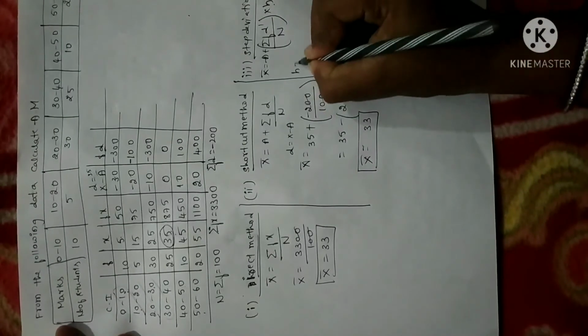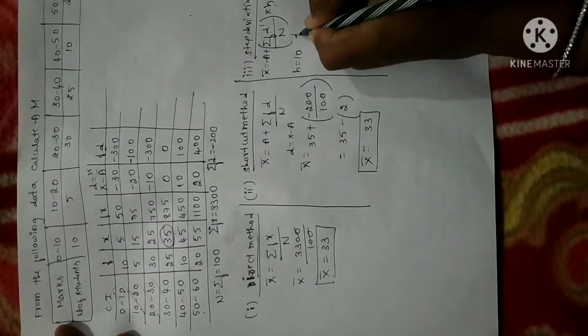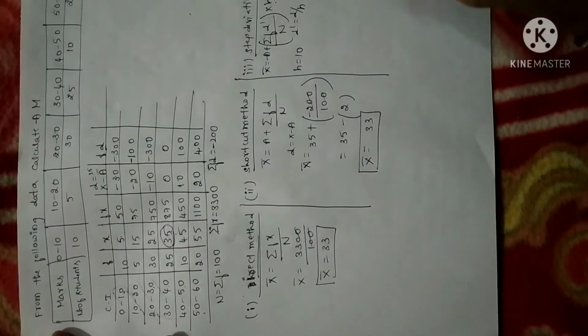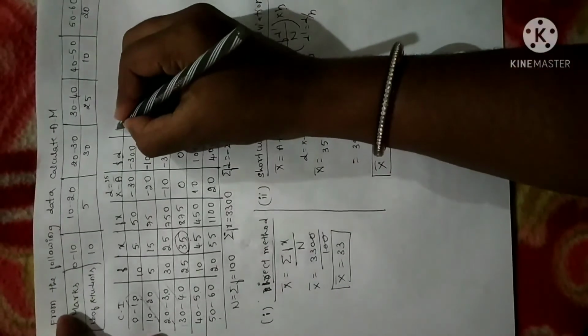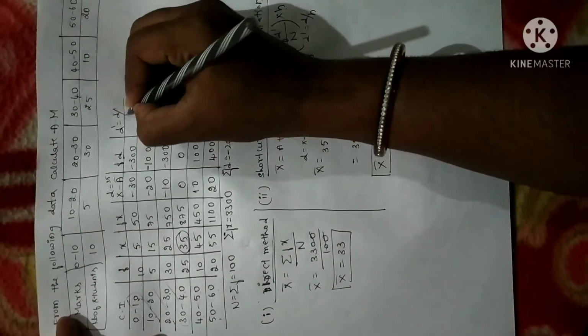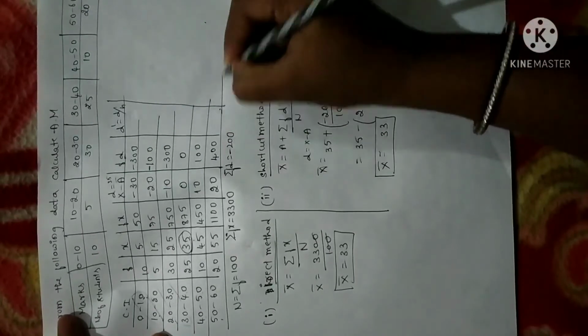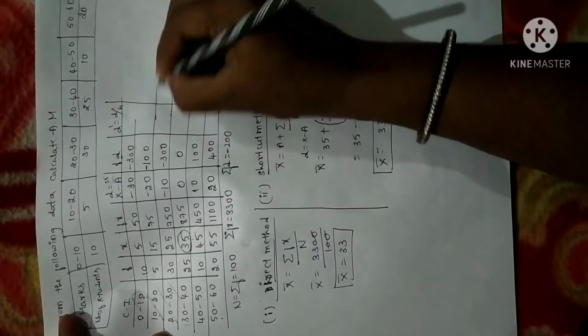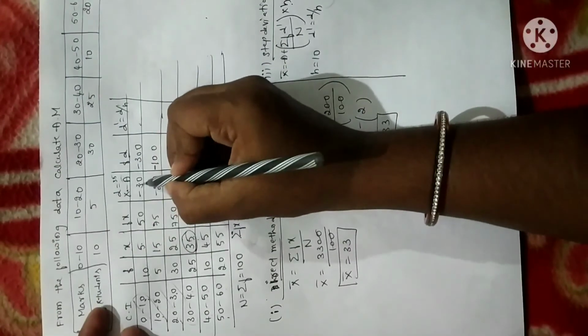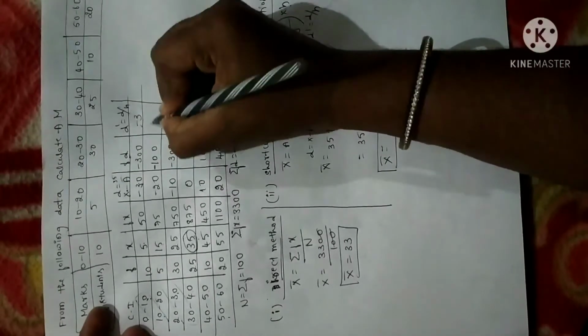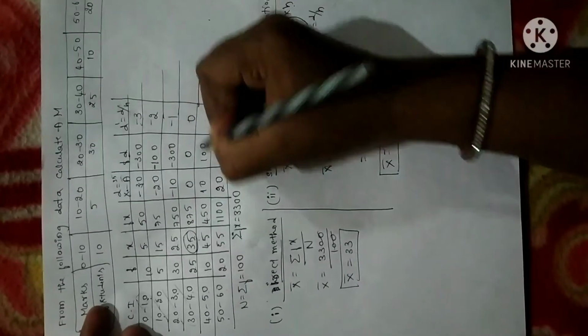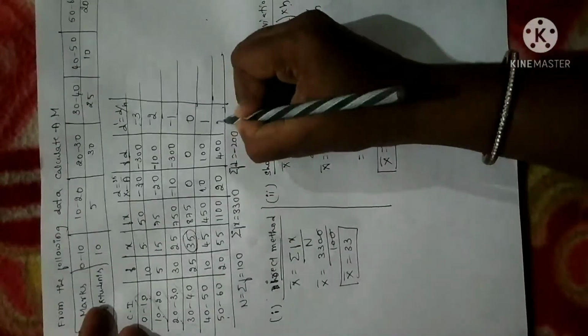So the h value is 10. We have to calculate d dash by using the formula d by h. So d dash is equal to d divided by h. So d I have here, I have to divide it by 10. So you will get minus 3, minus 2, minus 1, 0, 1, 20 divided by 10, 2.